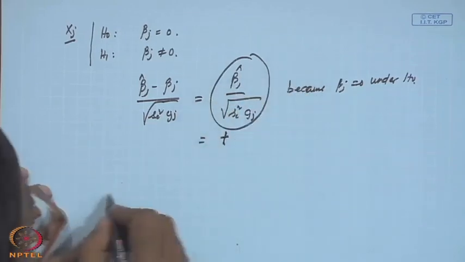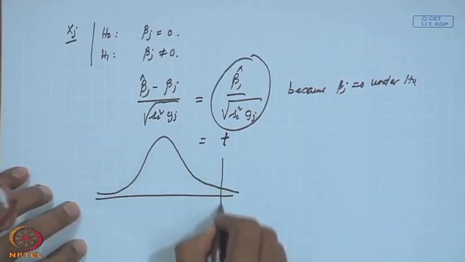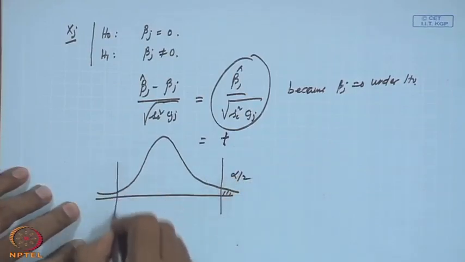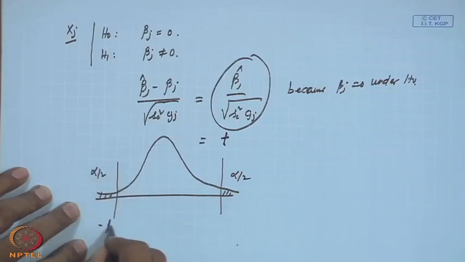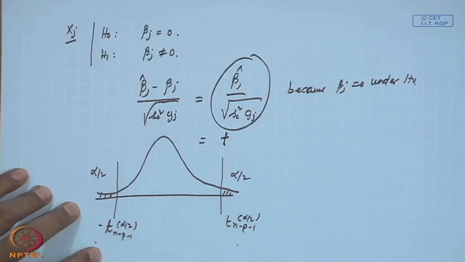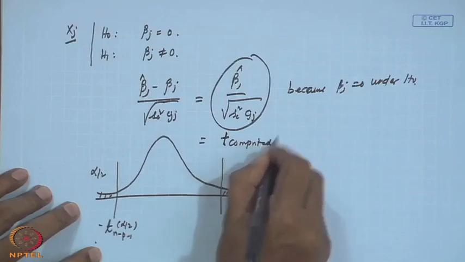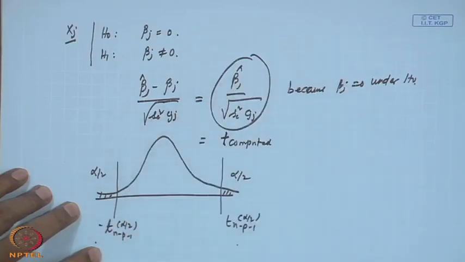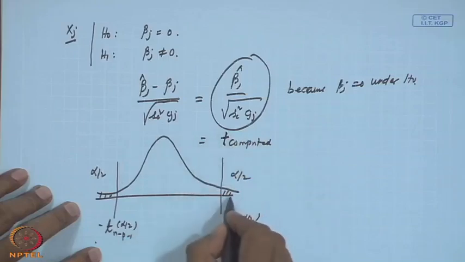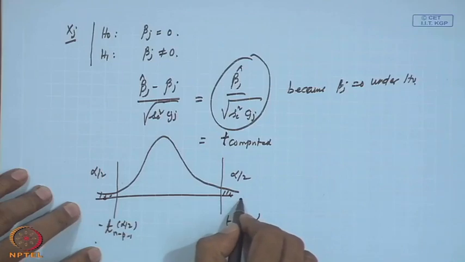Now, this quantity follows a t distribution. It is a two-tailed distribution. So, this side let it be alpha by 2, this side also alpha by 2, then this is minus t n minus p minus 1 alpha by 2, and this is plus t n minus p minus 1 alpha by 2. If your computed t, beta j cap by its standard error, falls either in the left extreme or the right extreme, that is the rejection zone, then H0 will be rejected.